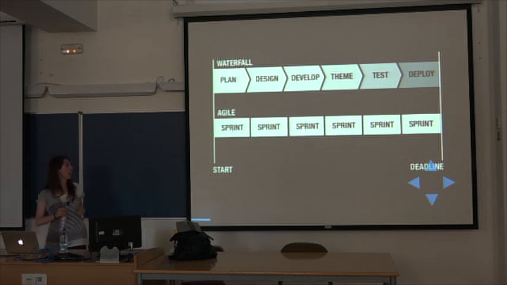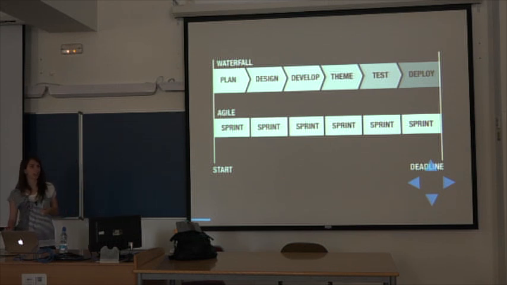In Agile, it's different, because we decide with the client which features we are going to do in the project, and the client, the customer, is able to decide which of them are most important and which of them should go at the beginning.